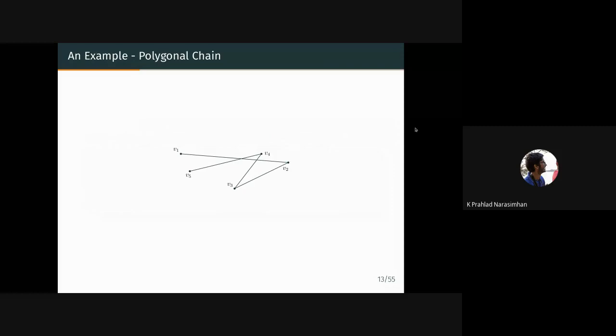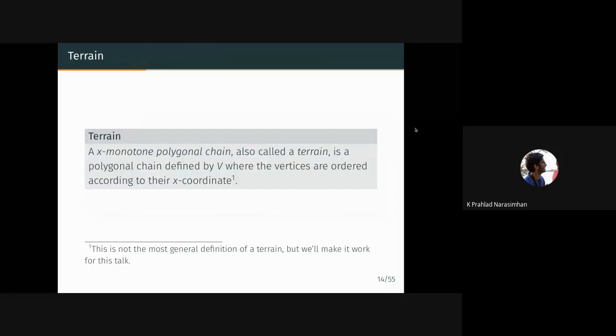If I make sure that there are no self-intersections, and the fairly obvious way to do that is to make sure that the ordering that I had for V is such that the x coordinate of Vi is less than or equal to the x coordinate of Vi plus 1. That's how I've defined the terrain, and it's also called an x-monotone polygonal chain.